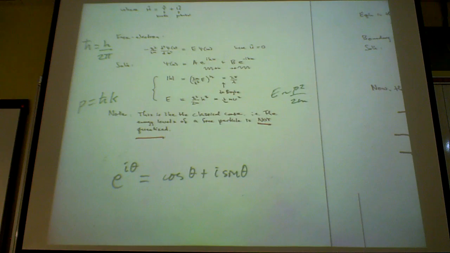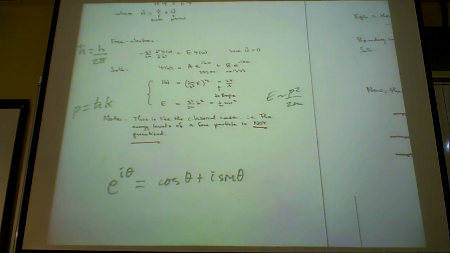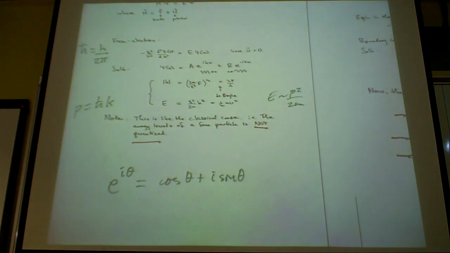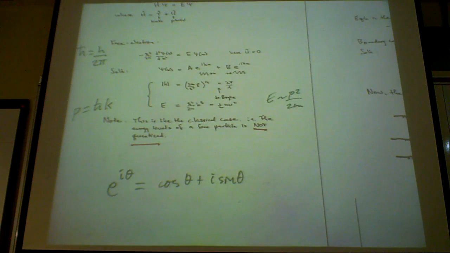Momentum, in this context, is some constant times the wave vector. Okay, so this is quite easy to understand, and you only have kinetic energy. So this energy corresponds to kinetic energy. There's no potential energy here because you have free electrons.